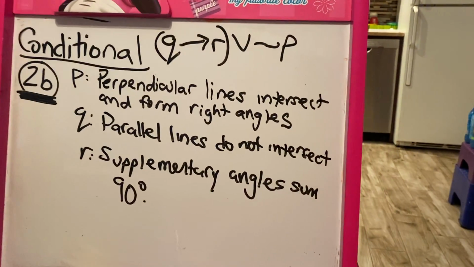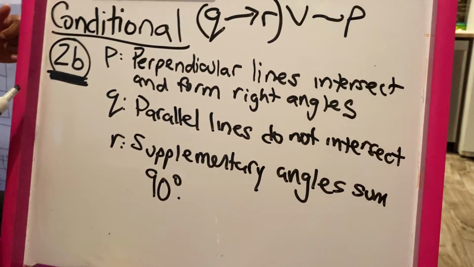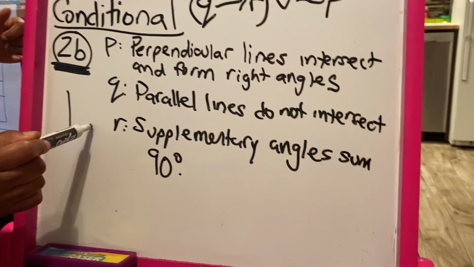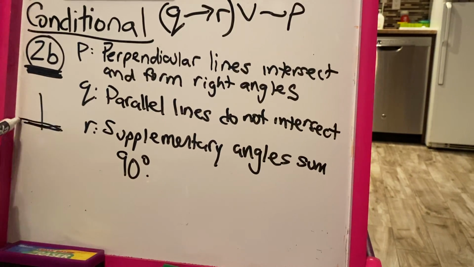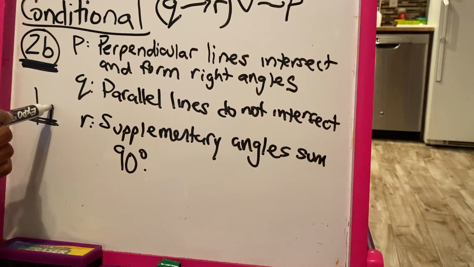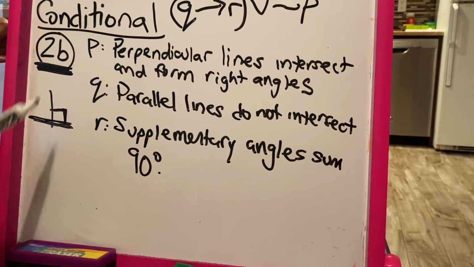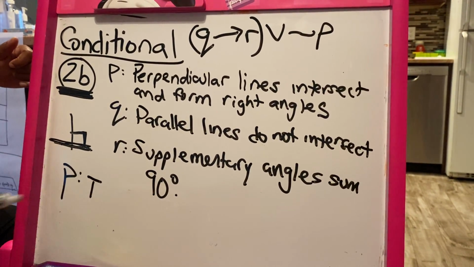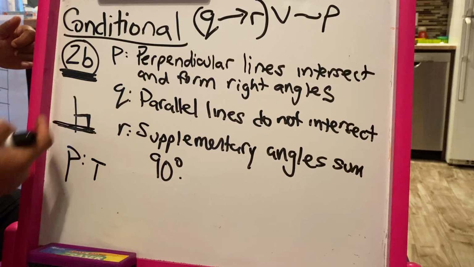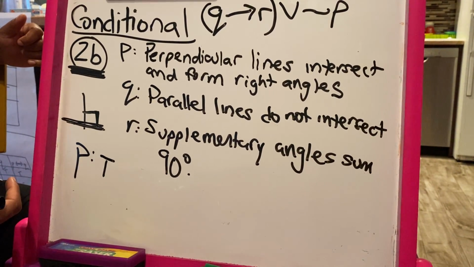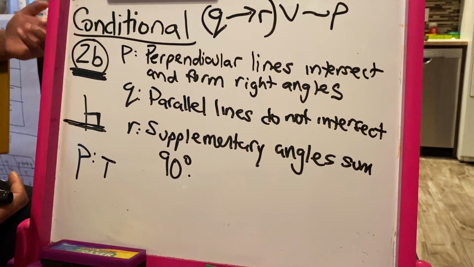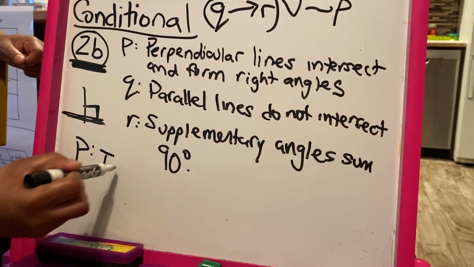The proposition P says perpendicular lines intersect and form right angles. We know that when you have perpendicular lines, they do form right angles. Therefore, P is true. They said that parallel lines do not intersect. If you guys Google parallel lines, it says that it's two lines that don't intersect.